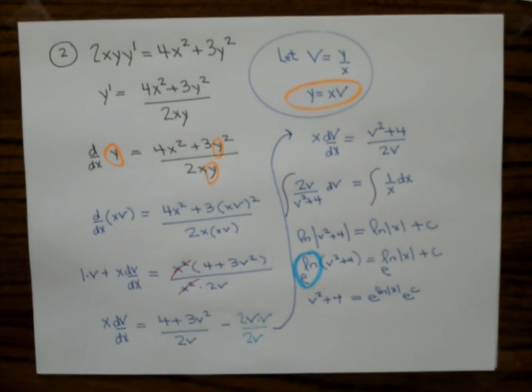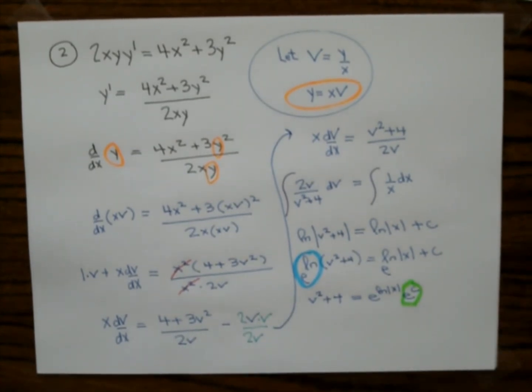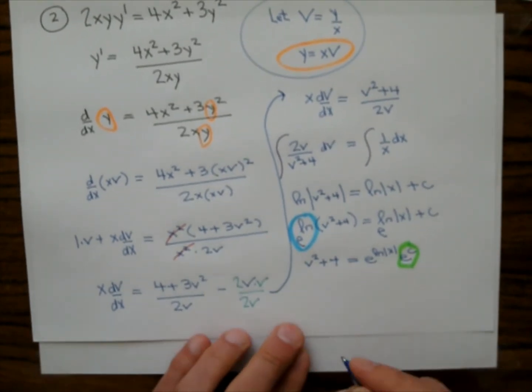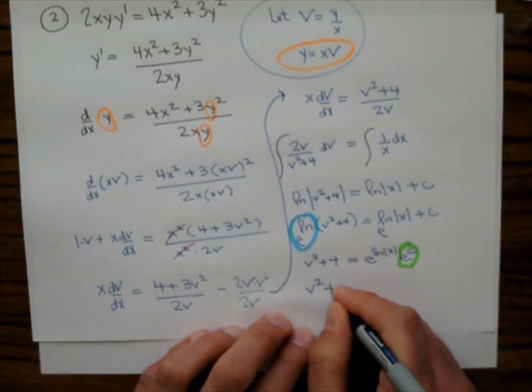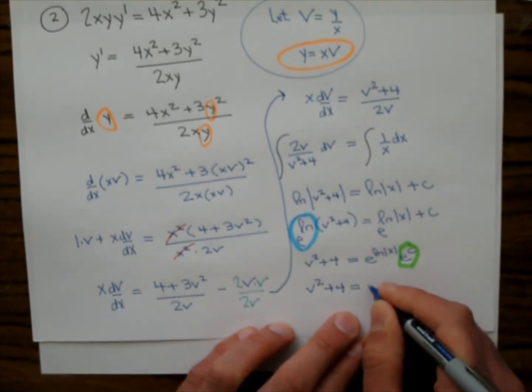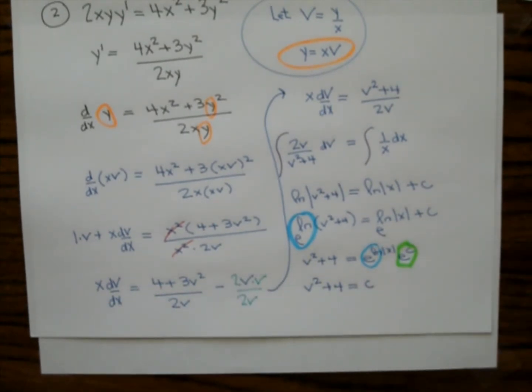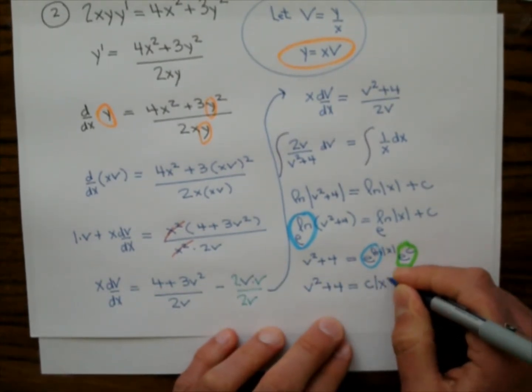This thing right here is just going to become another constant, so I have v squared plus 4 equals c, this thing goes pop now, times the absolute value of x.